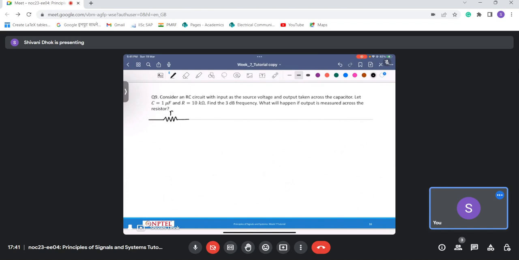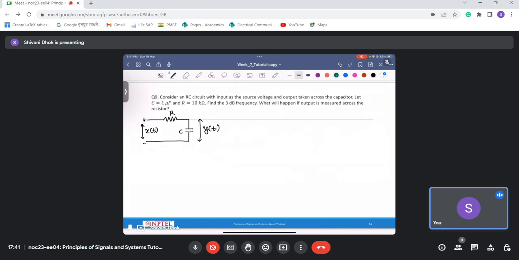This is my resistor R, this is the capacitor, and this is the input voltage that I am giving, let's say x(t), and I am taking the output at y(t), and it is across the capacitor, this is C.